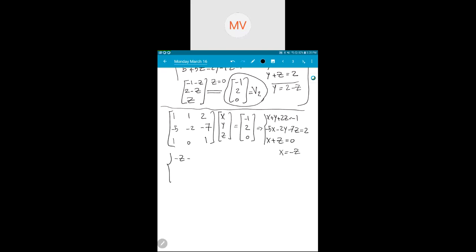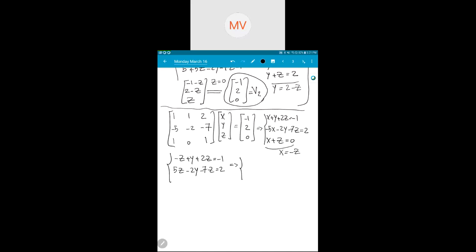Set it up in the other two. So we have negative Z plus Y plus 2Z equals negative 1. Negative 5 times negative Z, it's 5Z. Negative 2Y minus 7Z equals 2. And that's it. We already took advantage and worked with this, right? We don't write the third one down.